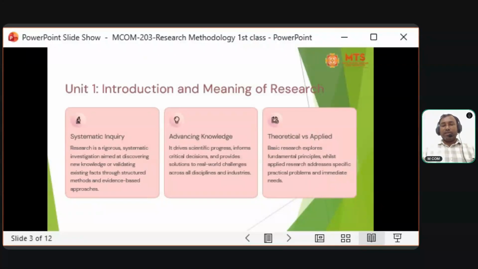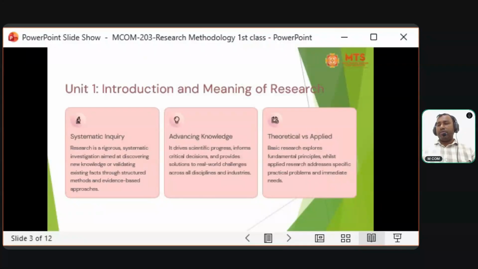Research methodology means the systematic and scientific way of conducting research to solve a problem or answer a research question. It explains how the research is planned, conducted, and analyzed. In academic studies, research methodology is very important because it ensures that the research findings are reliable, valid, and objective.